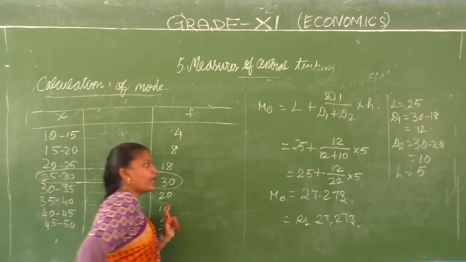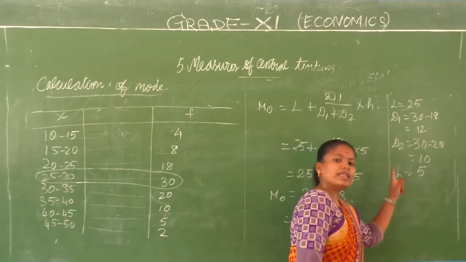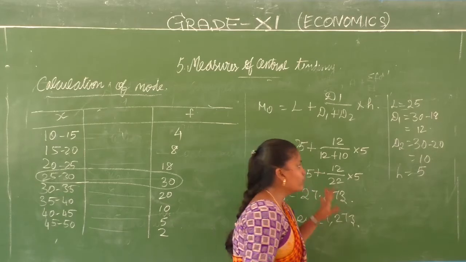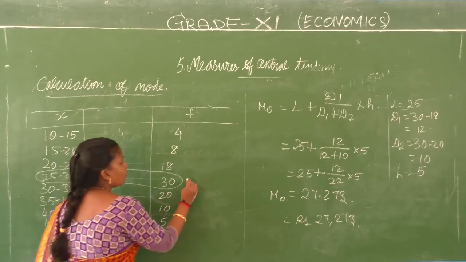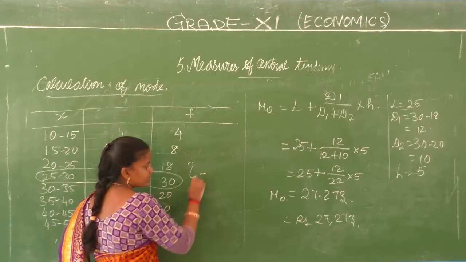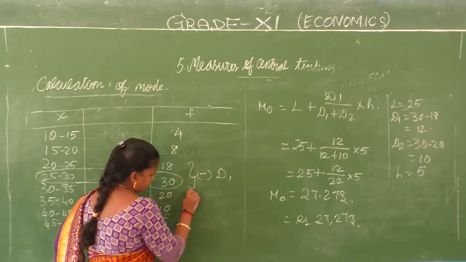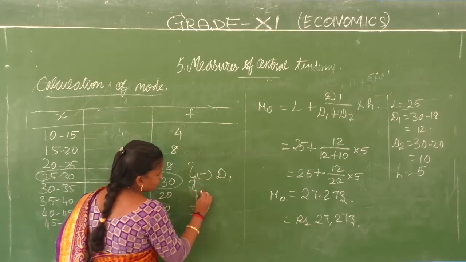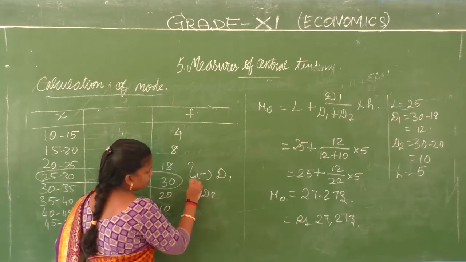And then with the help of your formula, you find the lower class limit, you find the D1, you find the D2, then you need to find your h. So this is your D1, this is your D2.